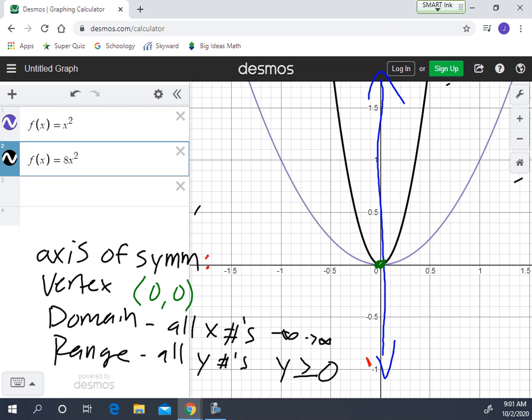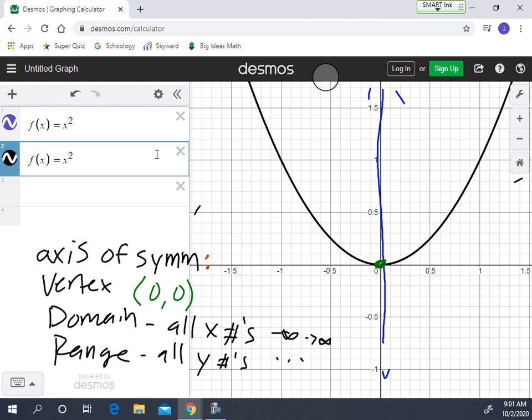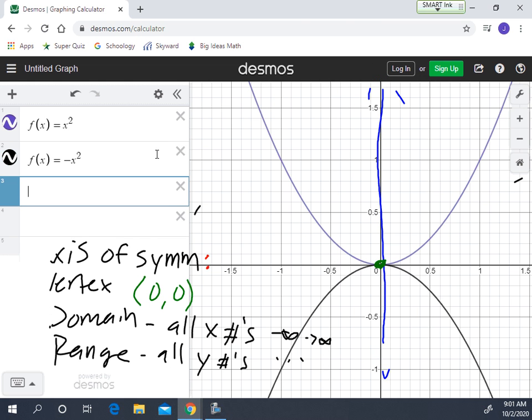Let's type in negative x squared. What's our axis of symmetry here? It's still split right down the y-axis. Our vertex is still at 0, 0, but now it's the highest point.